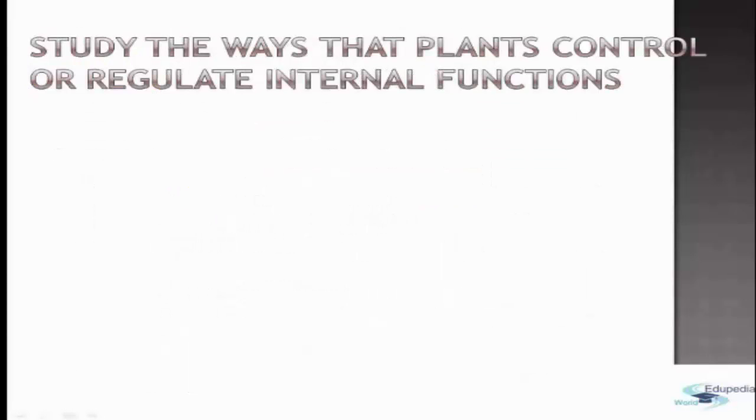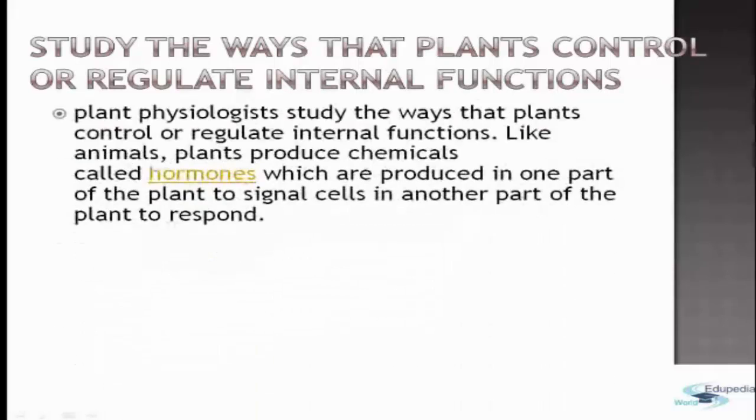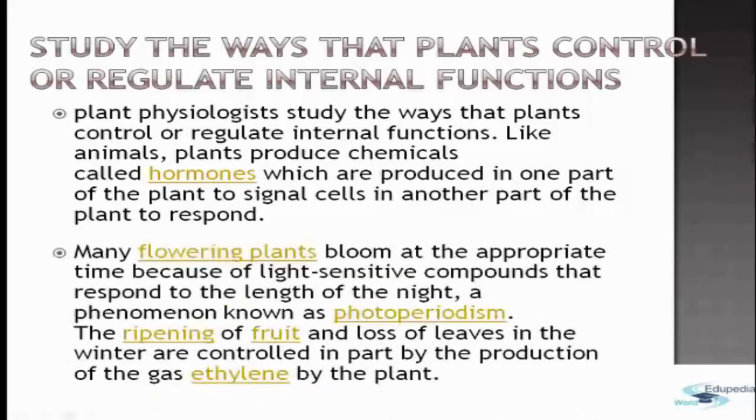Next, included in plant physiology, we have the study of the way that plants control or regulate internal functions. Like animals, plants produce chemicals called hormones, which are produced in one part of the plant to signal cells in another part of the plant to respond.